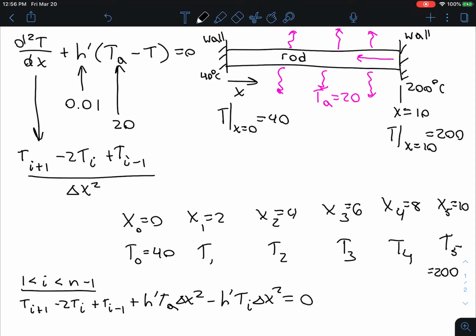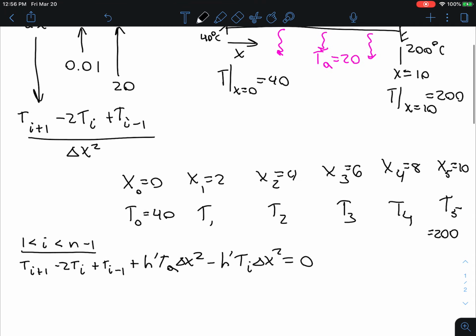Okay, and we also need to collect terms. So here we've got T sub i in this term and T sub i in that term. And so I feel like multiplying by -1.